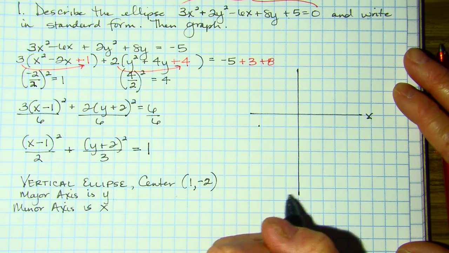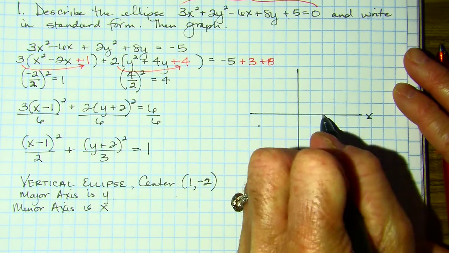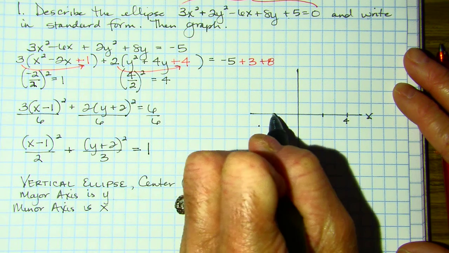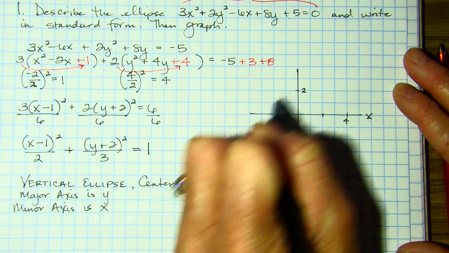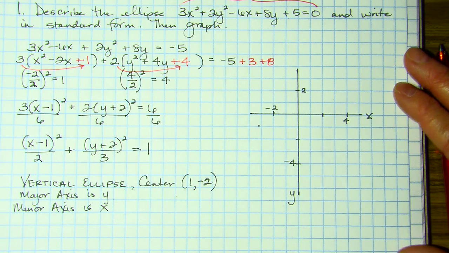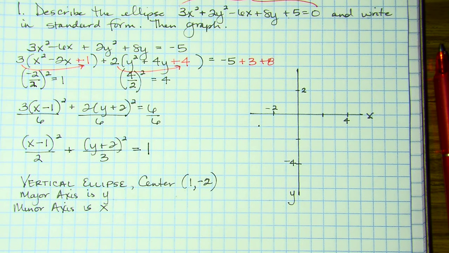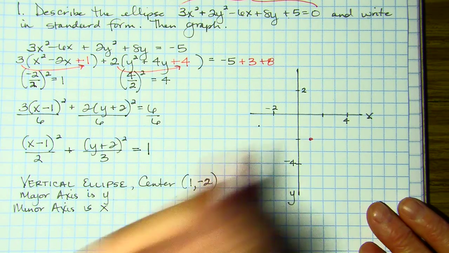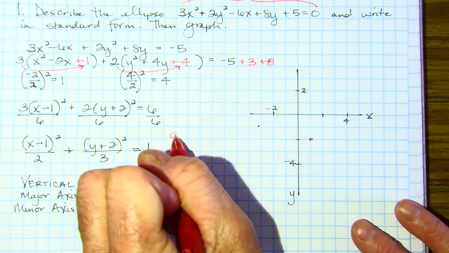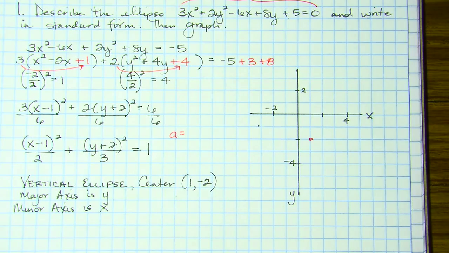Here's x, here's y. All right, so my center is at 1, -2. Let's go ahead and identify a. A is the square root of 3.